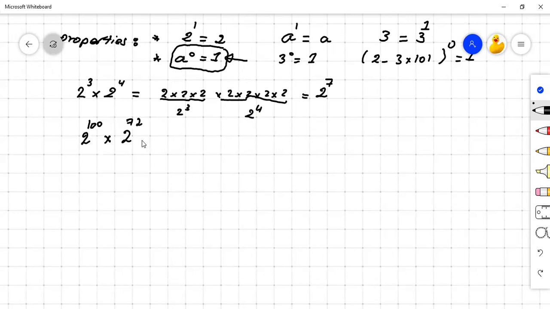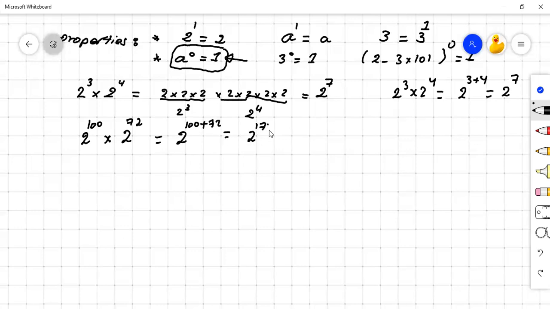It takes a very long time. So we can here add the exponent directly. Since 3 plus 4 is the same as 7, we can write 2 power 3 times 2 power 4 is equal to 2 exponent 3 plus 4, which is equal to 2 exponent 7. Again here, it's equal to 2 exponent 100 plus 72, which is equal to 2 exponent 172.